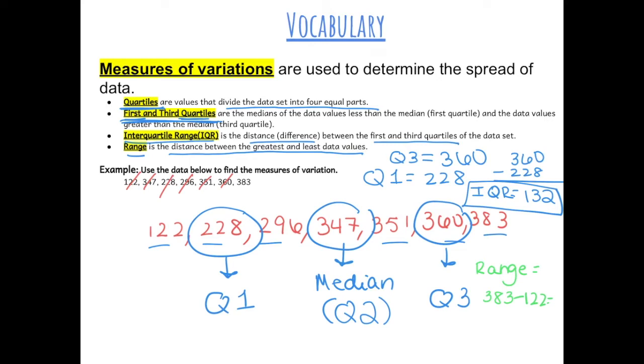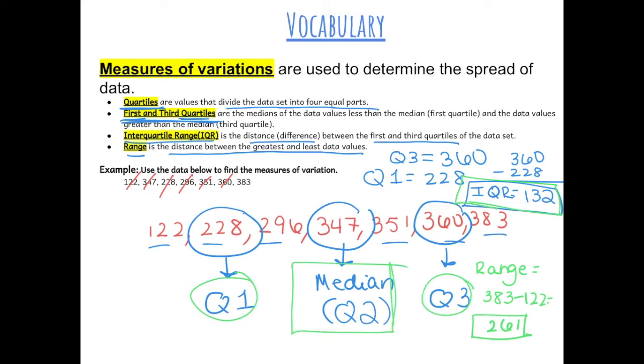This equals 261. So 261 is our range, 132 is the IQR, and then we have our quartiles 1 and 3, and our median, which is sometimes labeled as the second quartile.